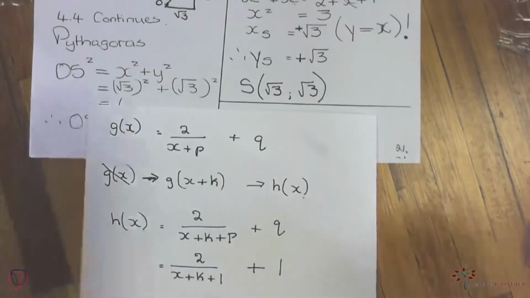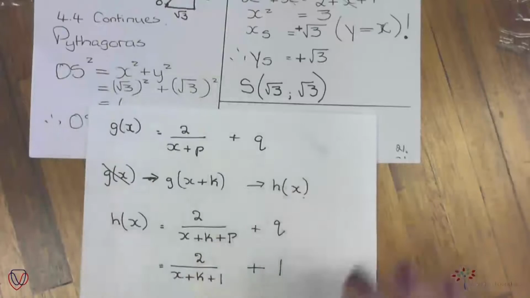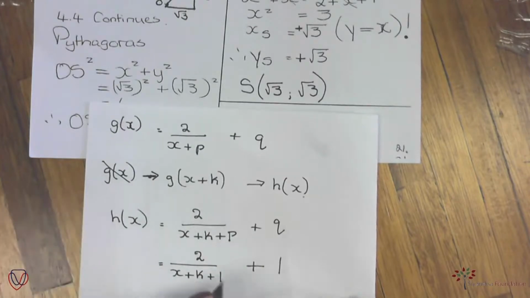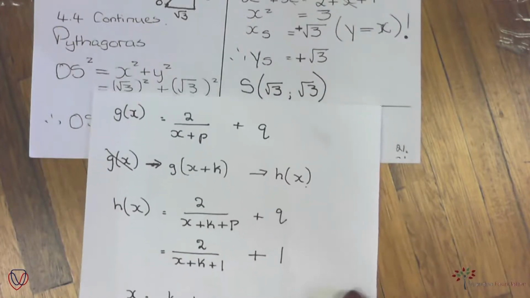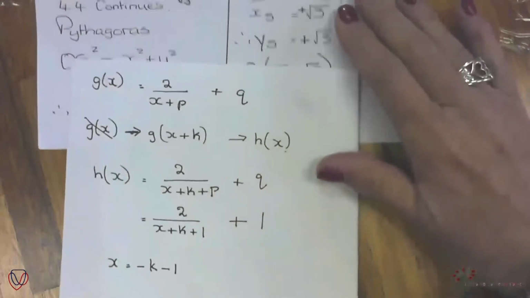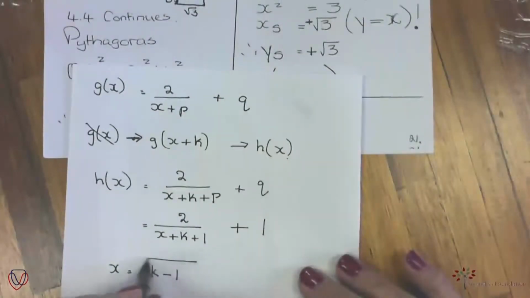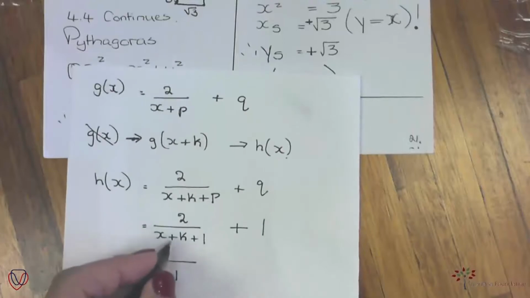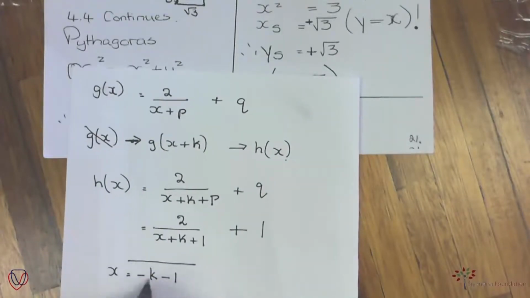So we're going to move this graph negative k, negative 1, because we solved that. So x is negative k, negative 1. That's what's going to happen now to this underneath here. It's going to be x minus, and then the x is going to be minus k minus 1.